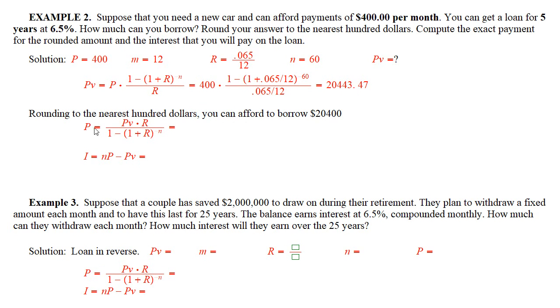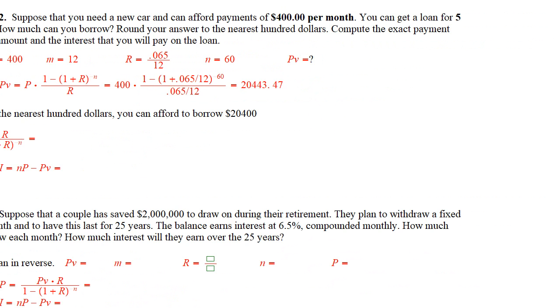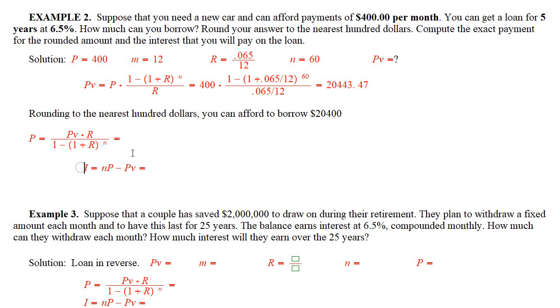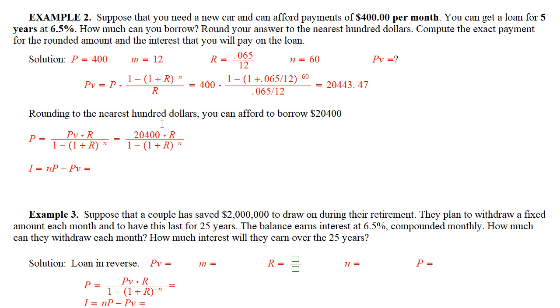And then compute the payment on that rounded amount and the interest. So here's the payment formula again for a loan. So let's go ahead and plug our values in. So our loan amount here is 20,400 because they say, use the rounded amount and find the exact payment and the interest that you'll pay.